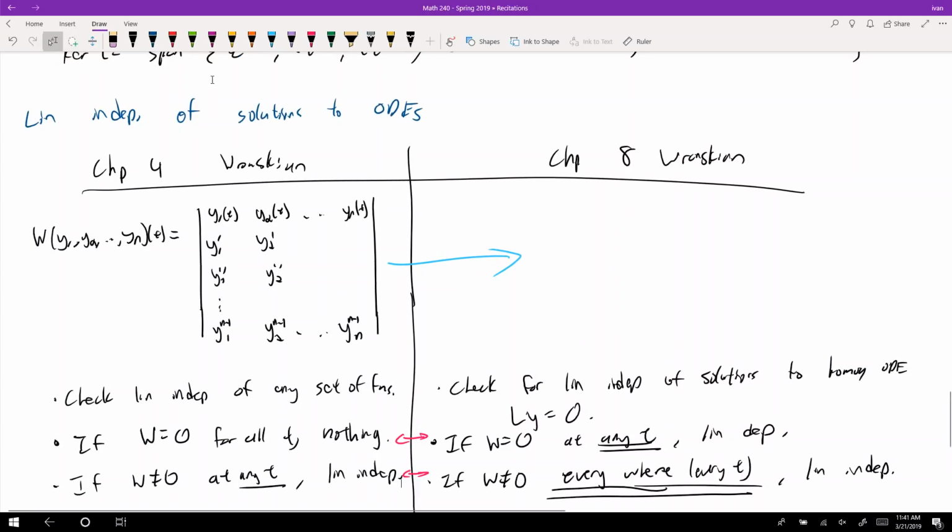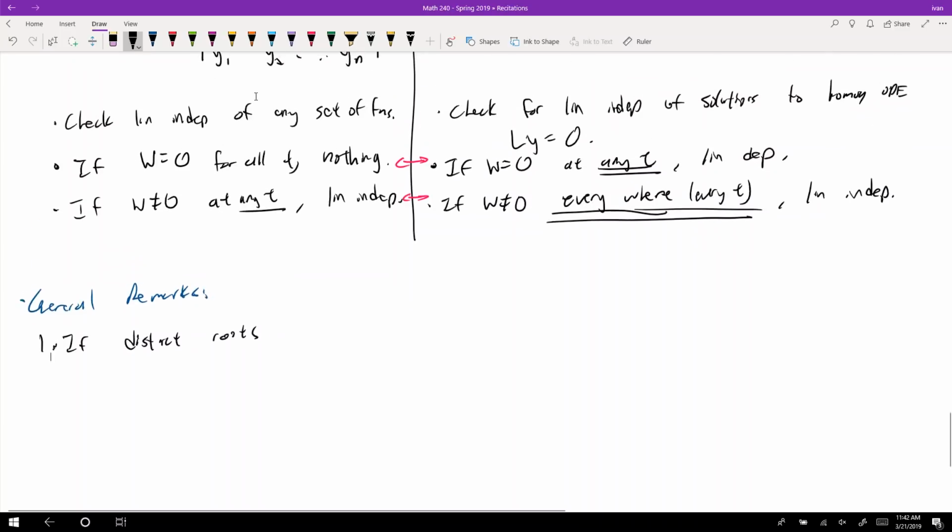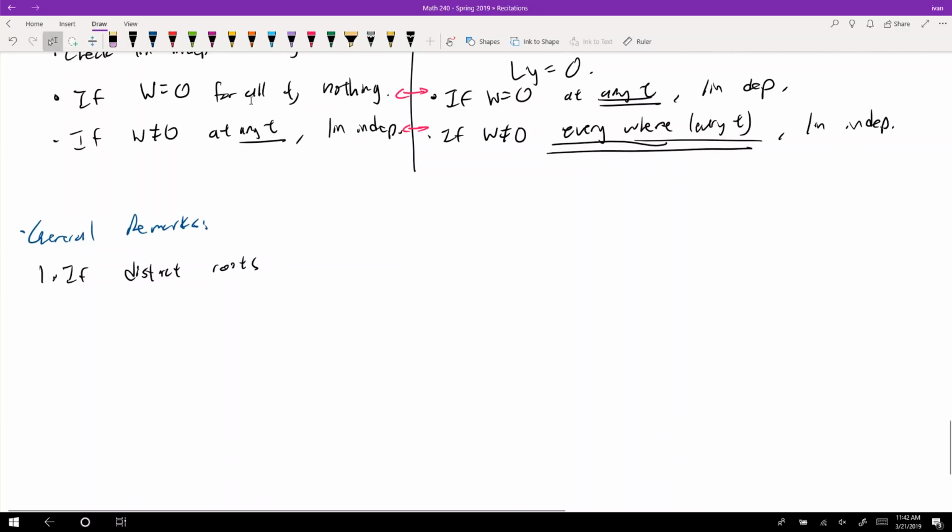Okay, so now let's talk about some general remarks. If distinct roots, there are many ways to see ODEs, and we saw 3 cases above, and these are the cases just summarized.